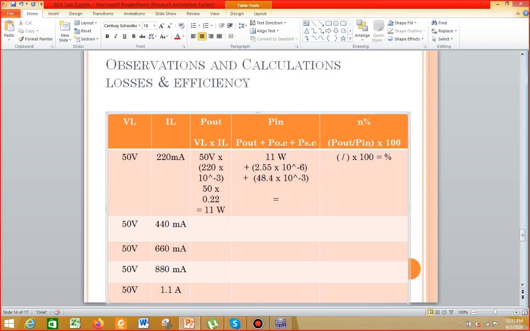So let me do the calculations. 2.55 into 10 raised to the power minus 6.